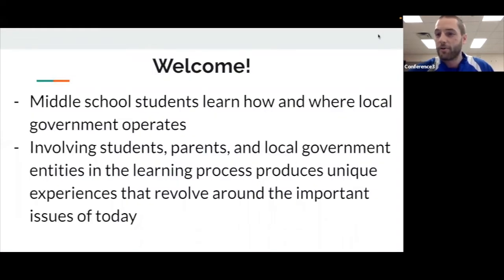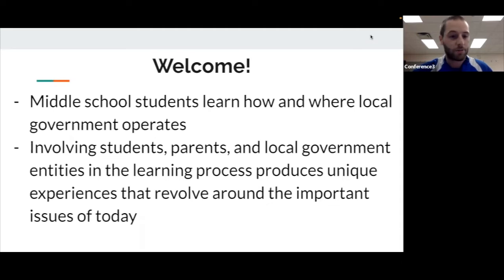Today, we're looking to do a few things. We'll be talking about how middle school students learn how and where government operates. But as folks take this with them wherever they go, I would love for them to think, how can they apply this to high school, middle school, elementary, wherever you are. I hope folks make some adaptations and changes to their liking.